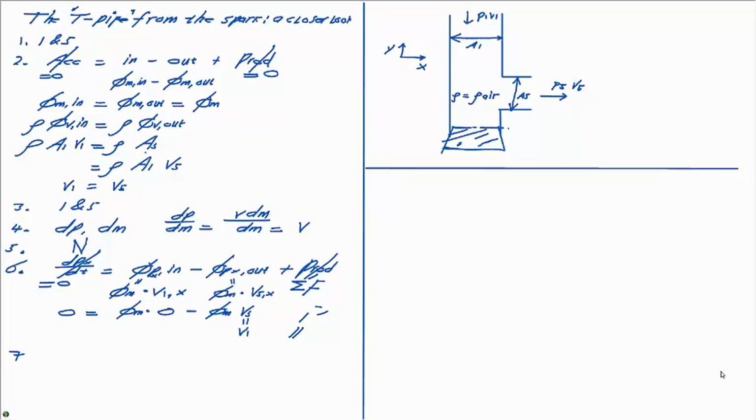First, the pipe can exert a force on the fluid in the x direction, so we take the x component of Fp on F, and also the pressure can have a force on the cross-sectional area A5, and this will be in the minus x direction, so we write minus P5 A5.